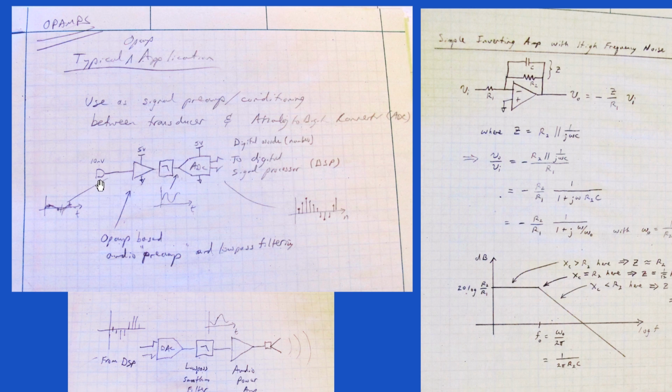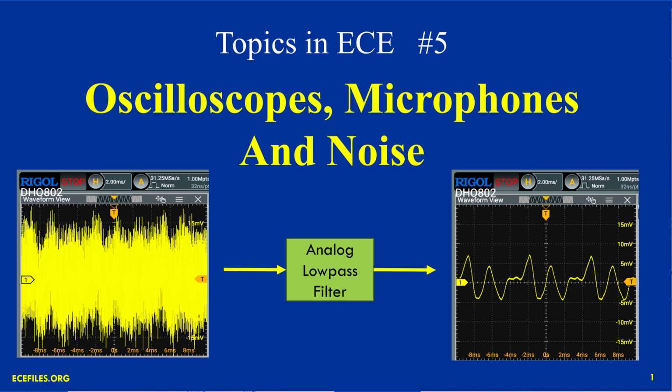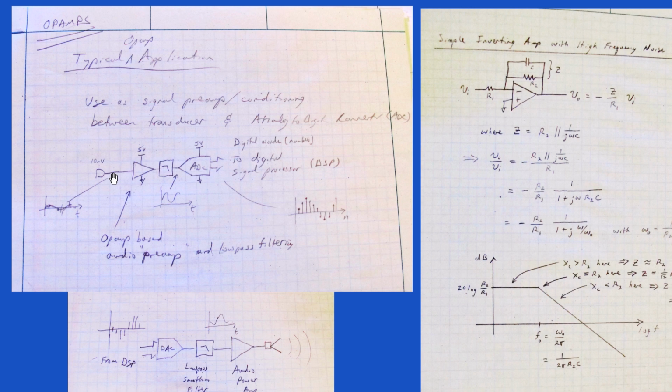So this diagram says we've got about a 10 millivolt signal-ish peak amplitude coming out of a microphone. Here it looks like a sine wave, but I've drawn some stuff all over it. That's like the high frequency noise we talked about in a previous episode that you often see on oscilloscopes from microphones these days, if you ever try that.